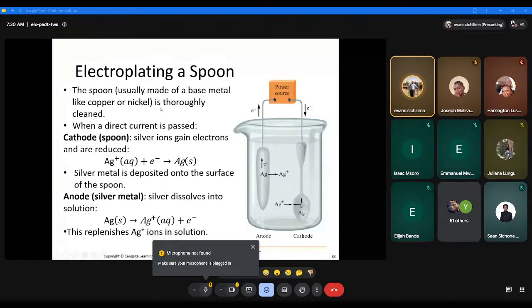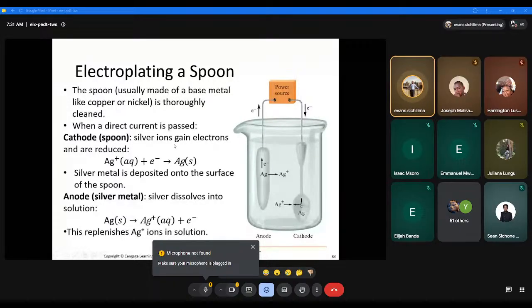And it should be thoroughly clean, because you don't want to start electroplating when there are still particles, because that would be disastrous. Your electroplating will not be effective. So when a direct current is passed, this is what is happening at the cathode, which is the spoon in this particular case.